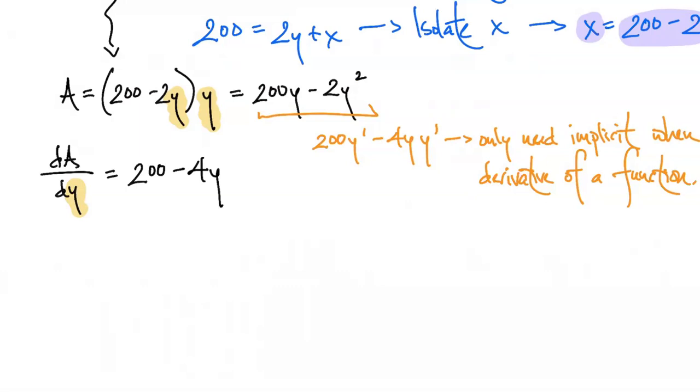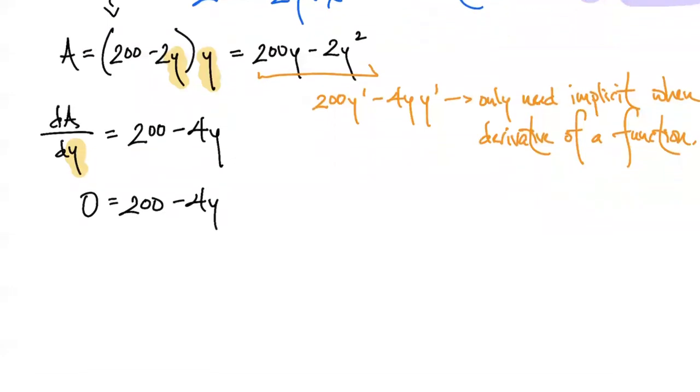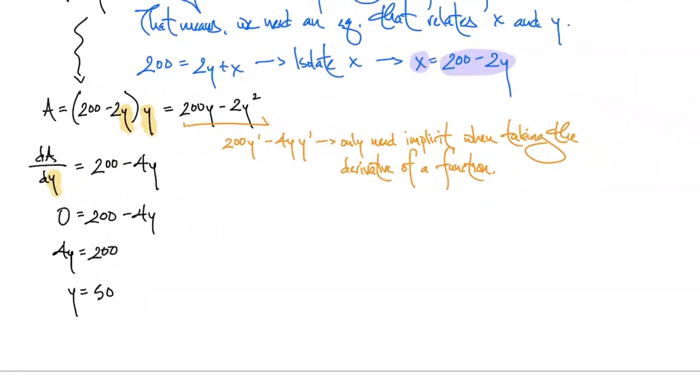We're going to set it equal to 0 and we're going to solve. And this might be the nicest equation we've seen in a very long time. I'm going to add 4y to both sides. I'm going to divide by 4. My gosh, it's even a whole number. How lucky are we? All right, so we find y to be 50.